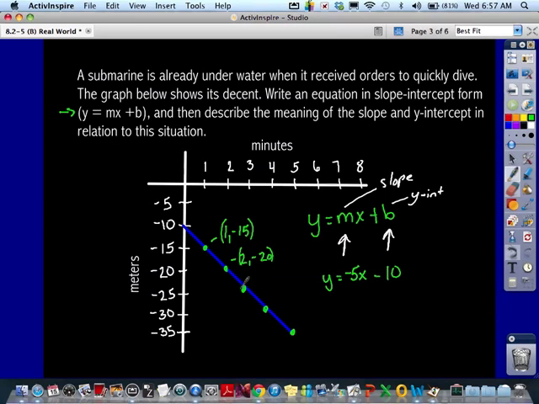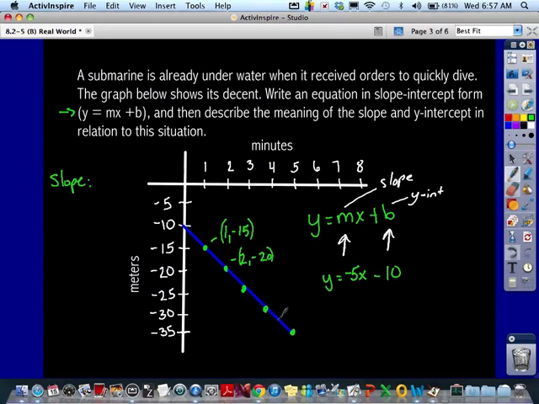Now we need to be able to describe the meaning of the slope and the y-intercept in relation to what's going on here. So what does the slope mean? Well, the slope is the vertical difference over the horizontal difference.